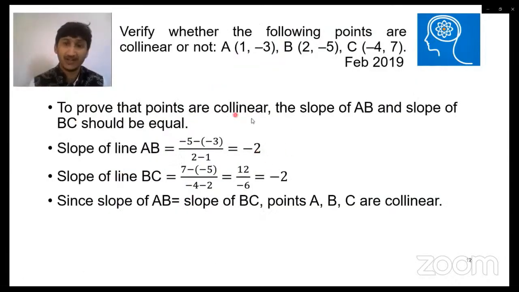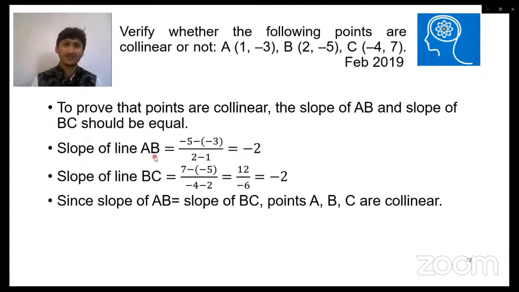To prove that points are collinear, the slope of AB and slope of BC should be equal. जर आपण एक कंटिन्युअस लाईन काढली A, B and C, त्याच्यामध्ये हे 3 पॉइंट्स असतील, तर ती जर एक कंटिन्युअस लाईन असेल तर slope of AB should be equal to slope of BC. As simple as that. तर आपण स्लोप काढू AB चा आणि BC चा, आणि मग जर तो इक्वल असेल then we can easily say that all the 3 points are collinear.